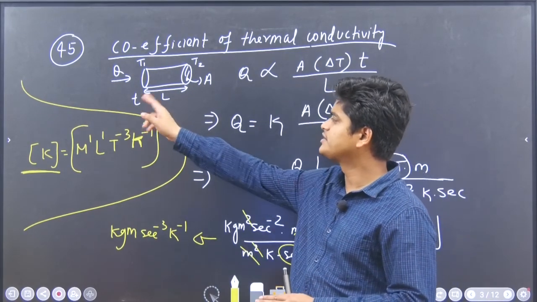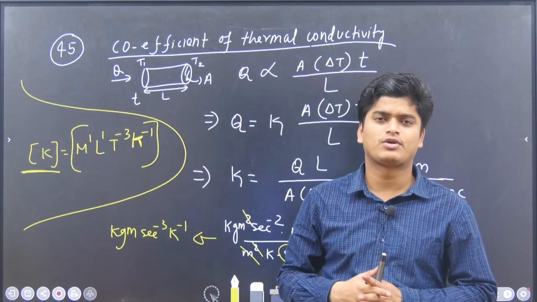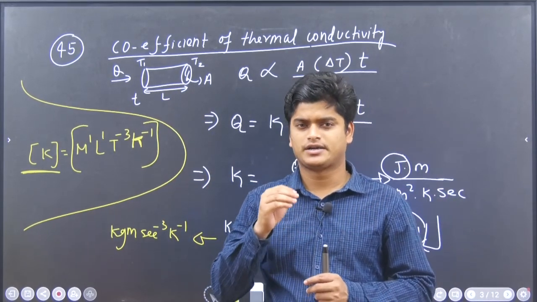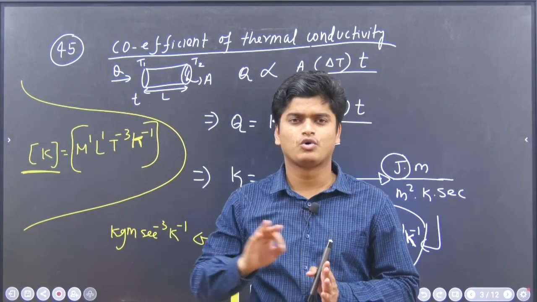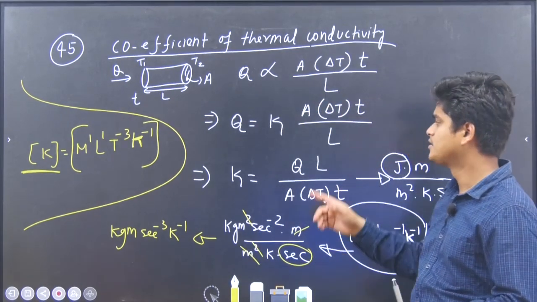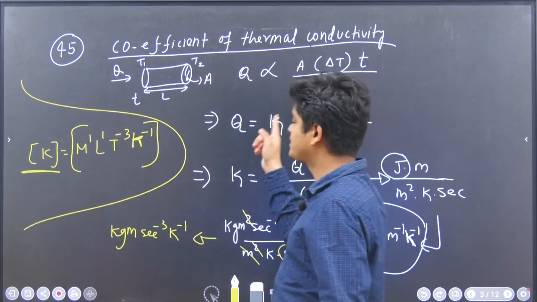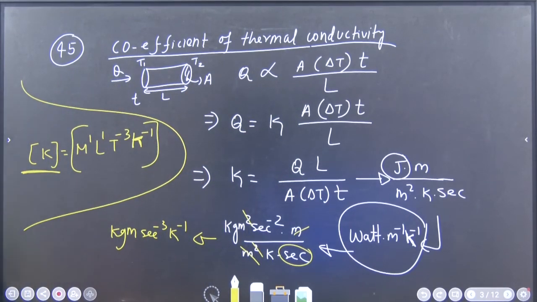But remember, if you keep a long rod, then heat energy will take time to reach from one point to another, so the flow will become less. That is why it is inversely proportional to length. Then you find a proportionality constant K, which is called the coefficient of thermal conductivity.